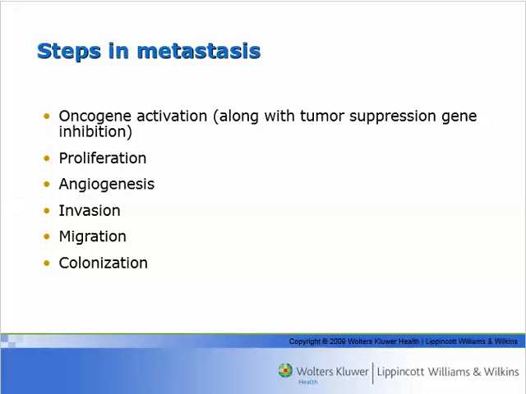Now, in every cell, there are genes, and these genes are involved with causing mitosis to happen at the right time, and they're called pro-oncogenes. Sometimes these genes screw up, and these are called oncogenes.